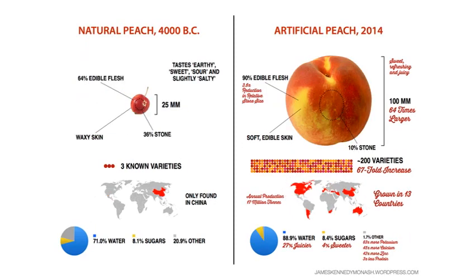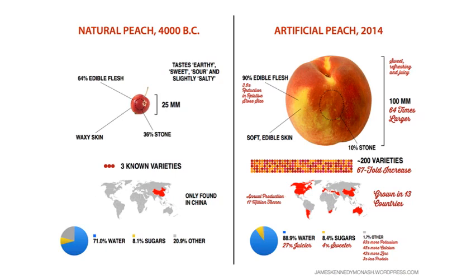Peaches. I love peaches. The Winona Peach Festival. Just an awesome, awesome fruit. Looking at the natural peach, some 6,000 years ago, we see that it's 25 millimeters in size. That's really small. You know, it's what, about the size of a quarter at very best.